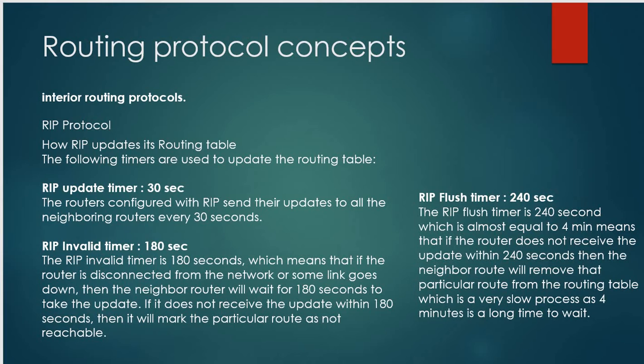So these are the processes in these routers, how they update the information using this RIP protocol. Number one is the 30 seconds routing table update. Number two is the 180 seconds invalid timer, which means within a given period, if it does not receive the reply or the request.